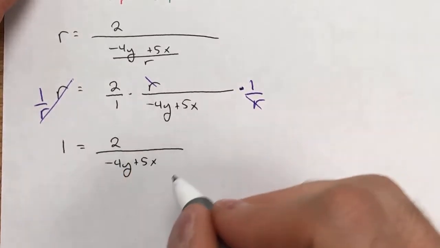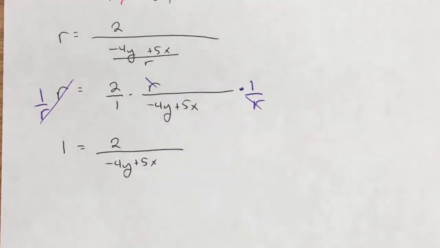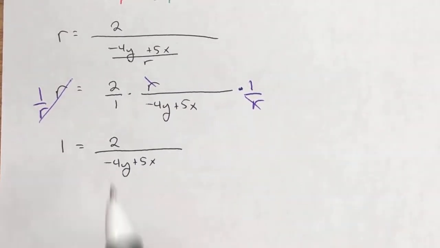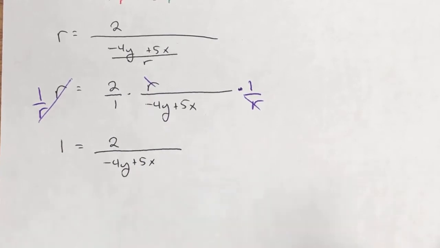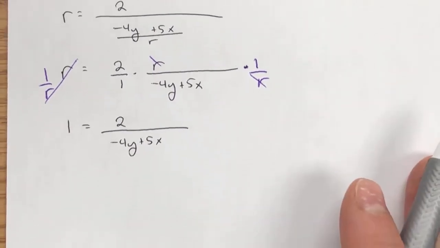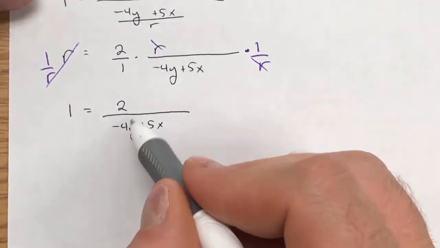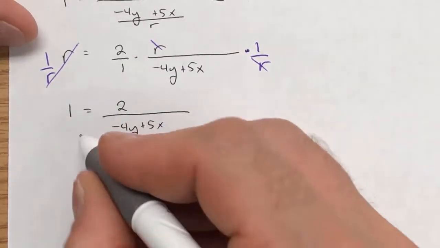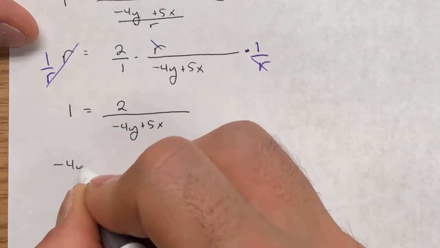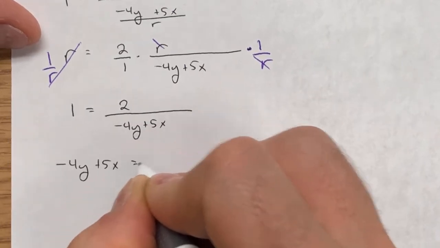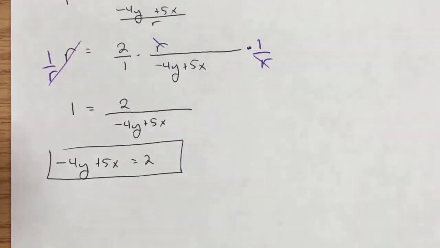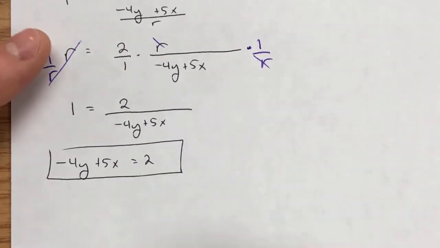Now, technically speaking, I could stop right here, but we want to leave these in positive exponents if we can. So I'm going to do one final step and multiply both sides by negative 4y plus 5x. So times 1 gives me negative 4y plus 5x equals 2, and we're going to leave that as our final equation.